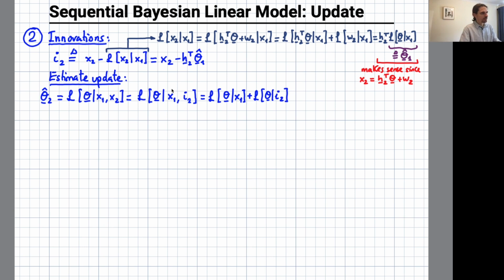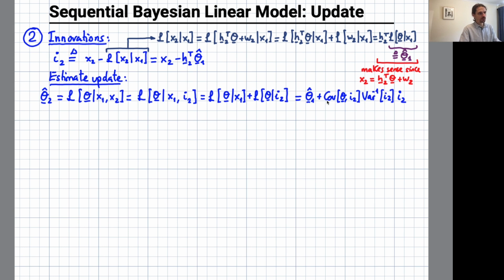As we said earlier, these two quantities are uncorrelated, and therefore we can apply the property of additivity of the LMMSE estimator over uncorrelated data. So this one is just the estimate from step 1, and here we have just used the general expression for the LMMSE estimator.